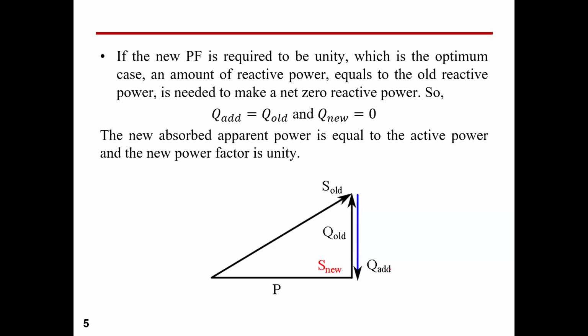This is just what I already discussed with you. If you have the added amount of Q equal to Q old, this means the amount of Q new absorbed from the grid equals 0, which means Q new equals 0 and the power factor is unity.